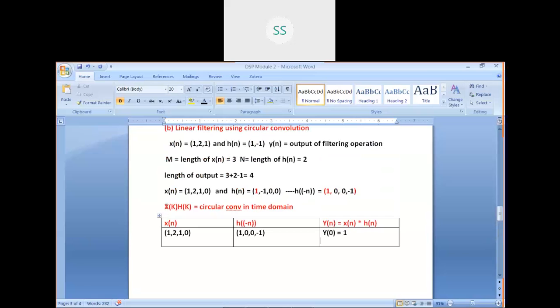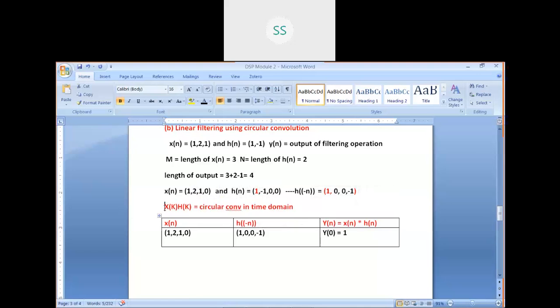The reason for using circular convolution is this statement: multiplication of two DFTs in the frequency domain is equal to circular convolution of their time domain sequences in the time domain. Because of that reason, in part A we took the product of these two, and in part B we verified with the circular convolution method.